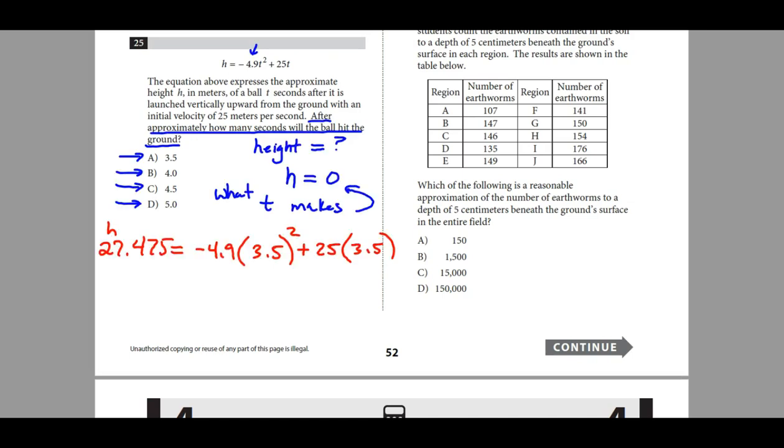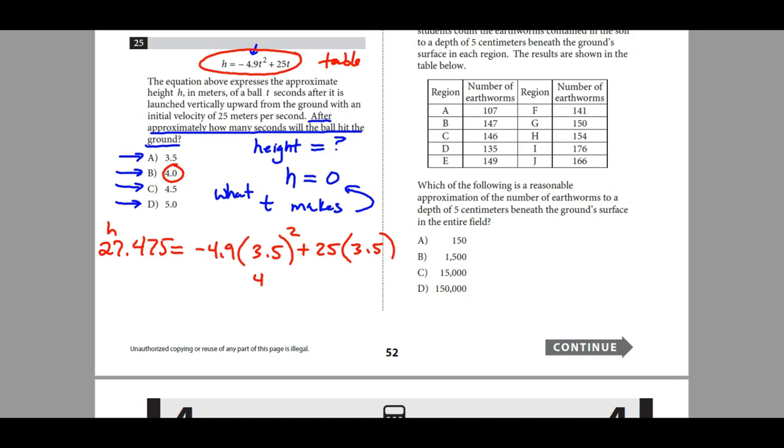So I could kind of repeat this process over and over. And actually, if you have a graphing calculator, you could punch this into the y equals equation, and you could use table, and it would really speed up this process. So there's another video I have about using the graphing calculator and some of the shortcuts if you have one of those. So I'm going to kind of go in and put in the other numbers.